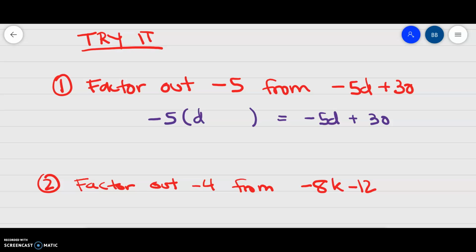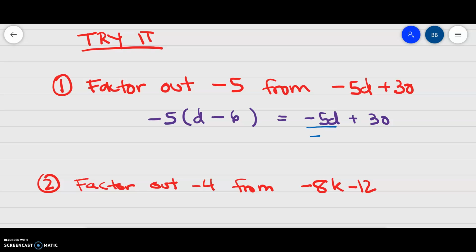And then I can think negative 5 times what equals positive 30. Well, negative 5 times what equals positive 30, and that would be a negative 6. So then I would write this as minus 6. And that's our answer.